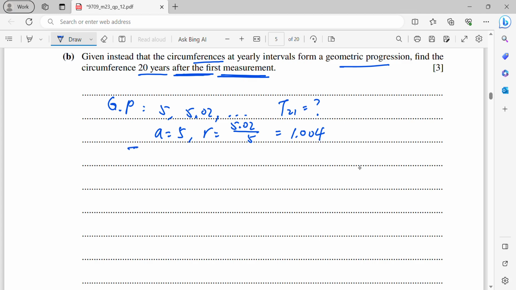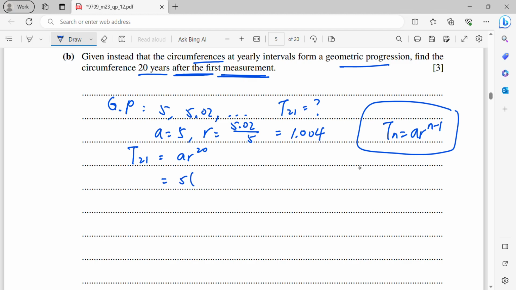And now we need to count T21. T21 for geometric progression is AR power 20, because the formula is Tn equals to AR power n minus 1 for geometric progression. So now your A is 5, your R is 1.004, then power 20. And at last, you'll be getting 5.42. So that is the solution for part B.